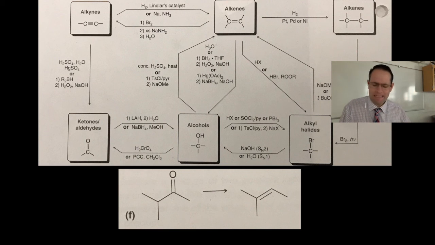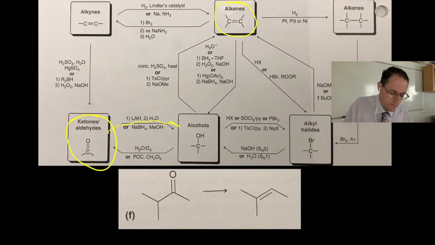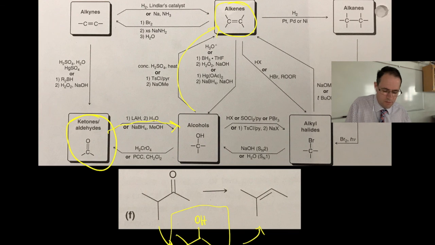Okay. Now, what about letter F? I'm going from a ketone to an alkene. So it looks very similar to the previous problem we just did. Ketone would be in this box. Alkene would be in this box. And so what we need to do is convert this to an alcohol and convert that to an alkene. Our alcohol here is just going to be a secondary alcohol, but that's fine. That's just going to be an intermediate in the synthesis.